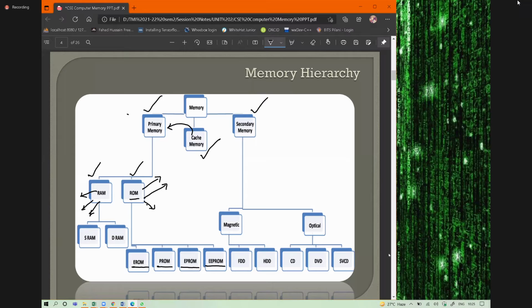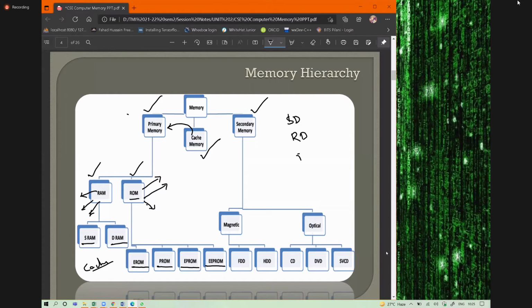In case of RAM, we are having SRAM, static RAM. That static RAM has this cache memory. This cache memory is part of static RAM only. Then DRAM, dynamic RAM. The dynamic RAM is further divided into different categories like SDRAM, synchronous dynamic random access memory, RDRAM, Rambus dynamic random access memory, then SDRAM.